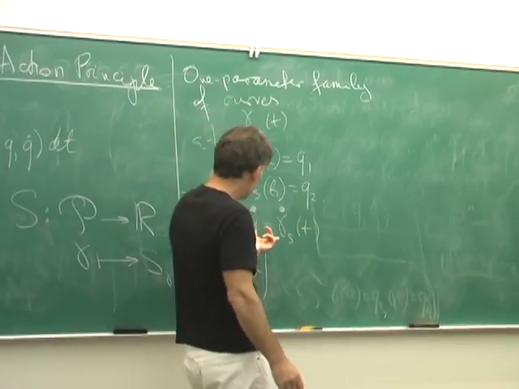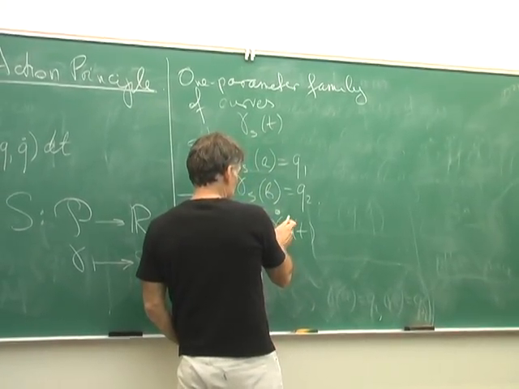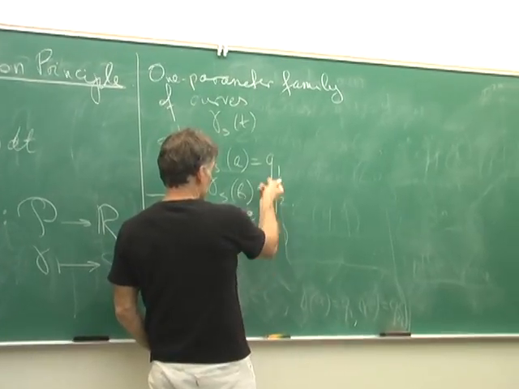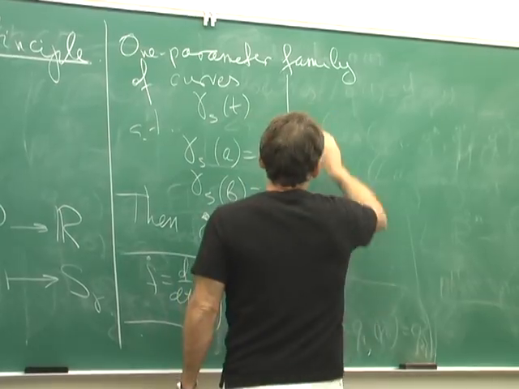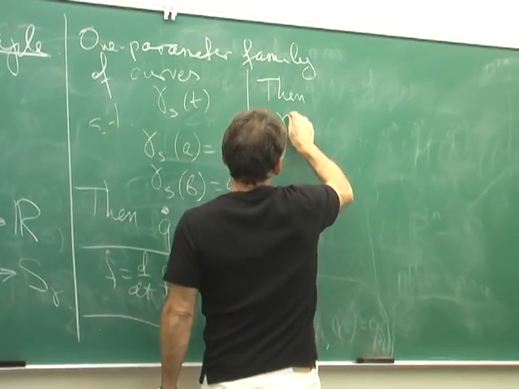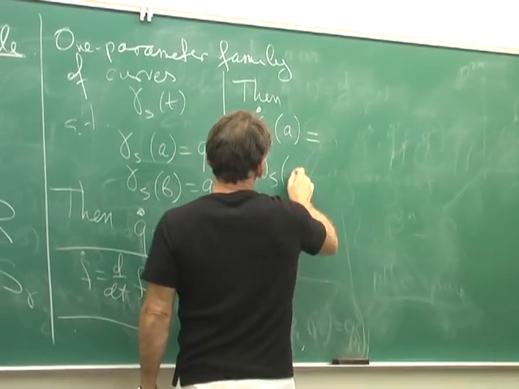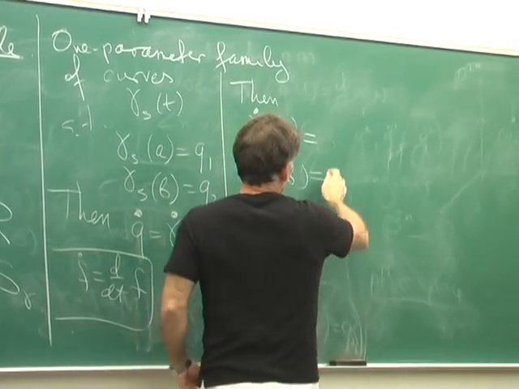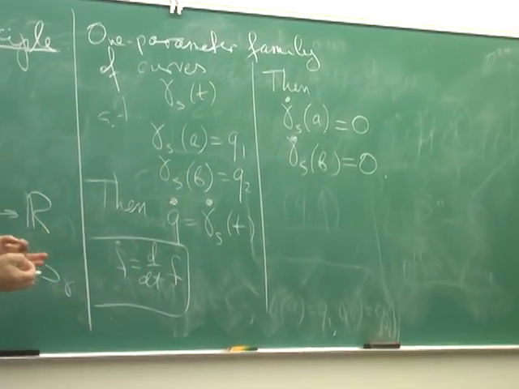Now, what are the values of this at the endpoints? Gamma s dot of A is equal to what? Well, 0, because they are fixed.